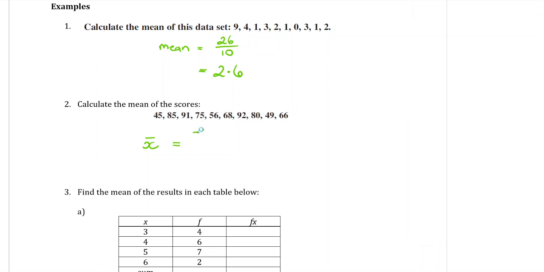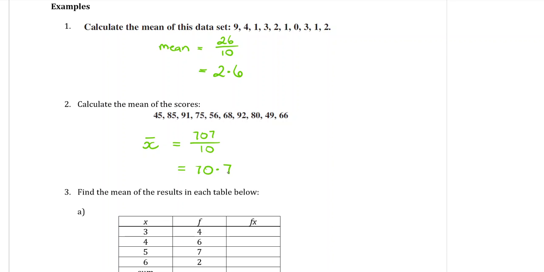You all get that? Good. So 707 is the sum, and then that's over how many scores are there? 10 again. So what is 707 divided by 10? 70.7 is the average. Okay, so that's pretty straightforward, isn't it? Add them all up, divide by how many there are.